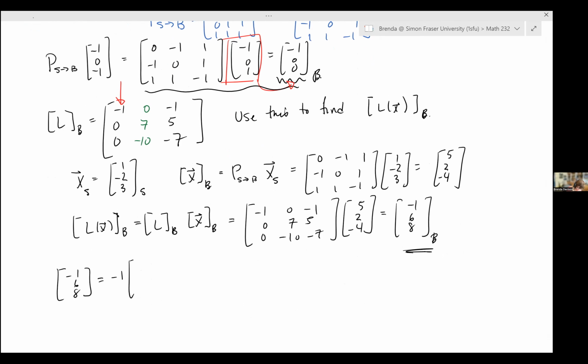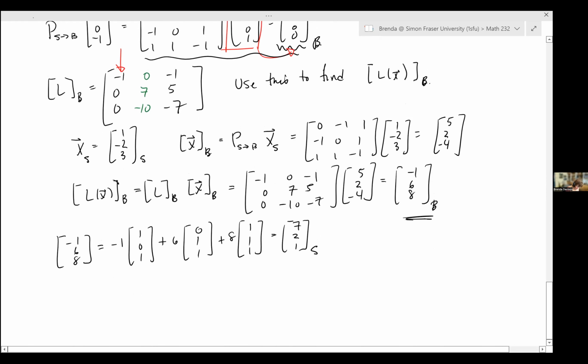Minus 1 multiplied by the first basis vector, 1, 0, 1, plus 6 times the second basis vector, plus 8 times the third basis vector. And I get this, 7, 2, 1. That's relative to the standard basis vectors.